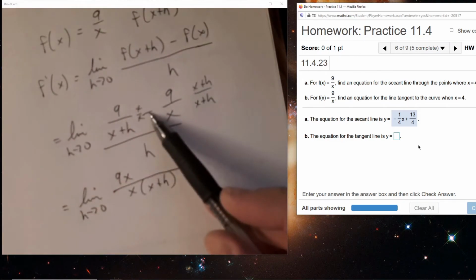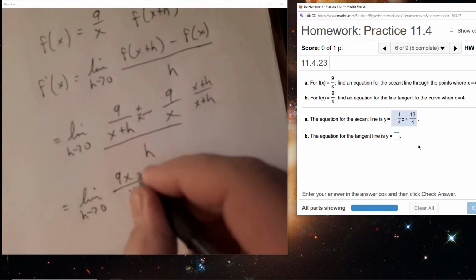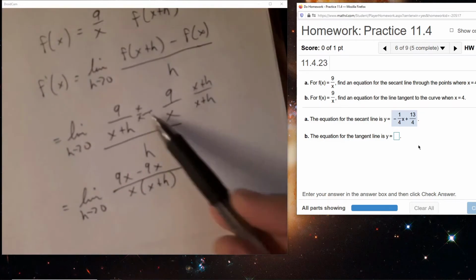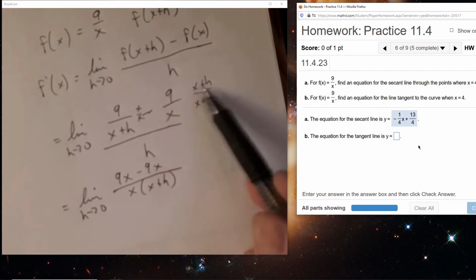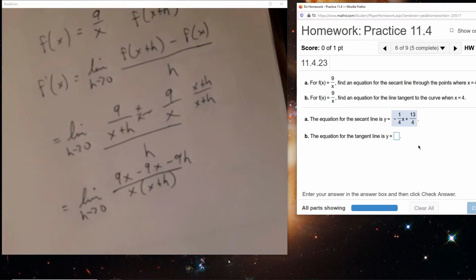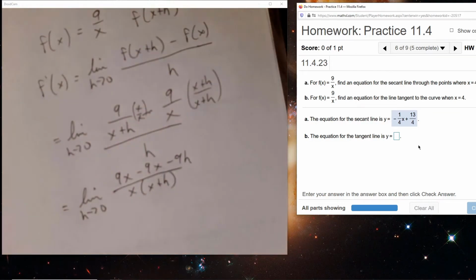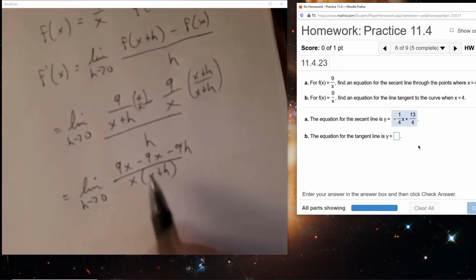And then remember there's a minus here, so it says minus 9x. And then minus 9h. So technically there should be parentheses around here. Got a little lazy there. And 9x minus 9x subtracts out. Gone.